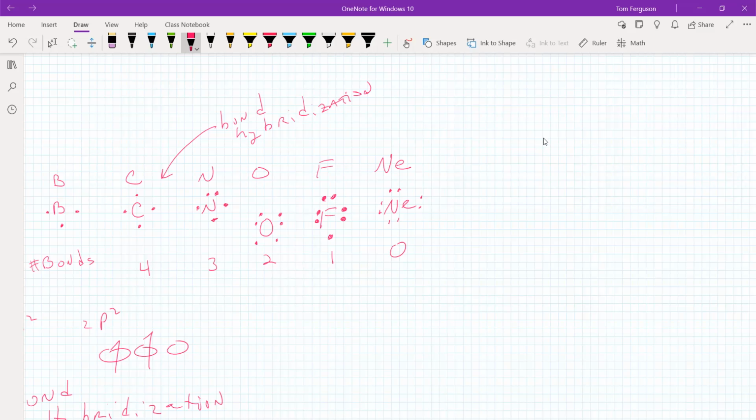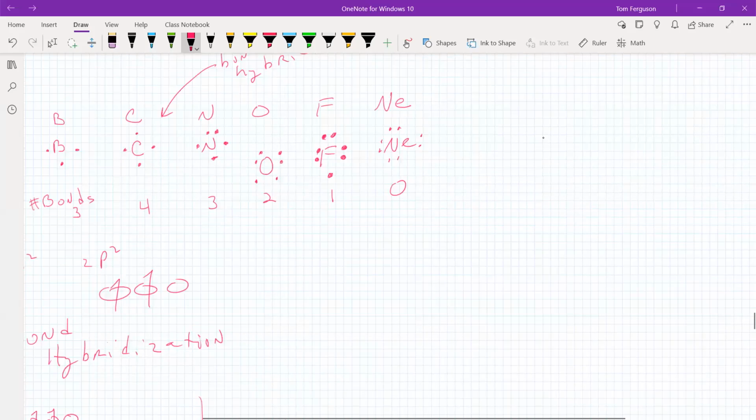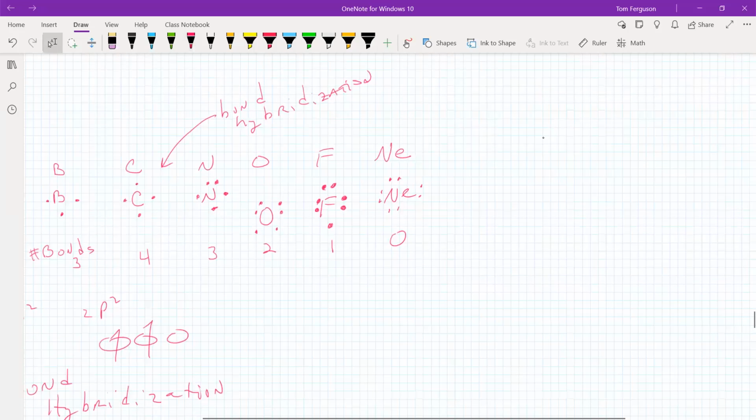Carbon's 4, nitrogen's 3, oxygen's 2, all the halogens are 1, and the noble gases are 0. And then boron is 3. And then hydrogen is also 1.